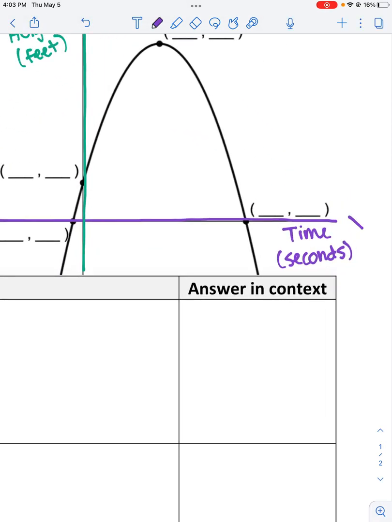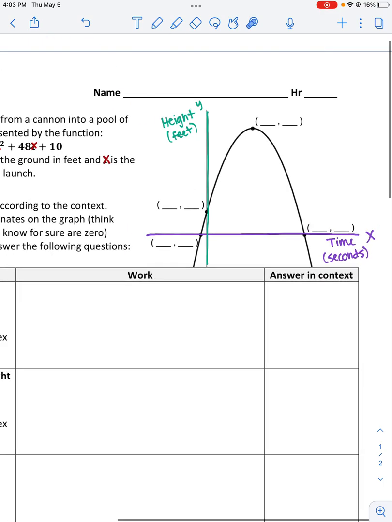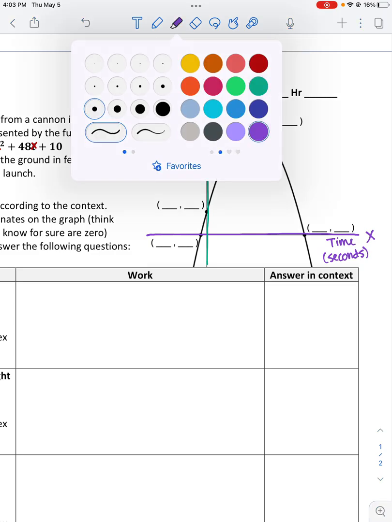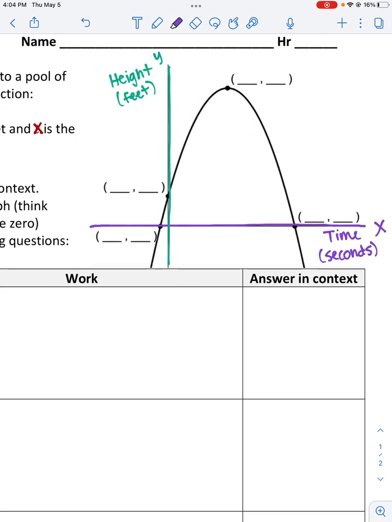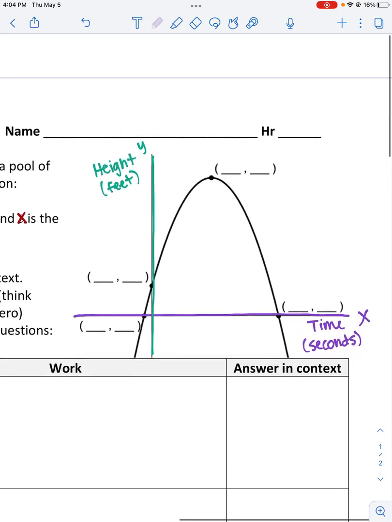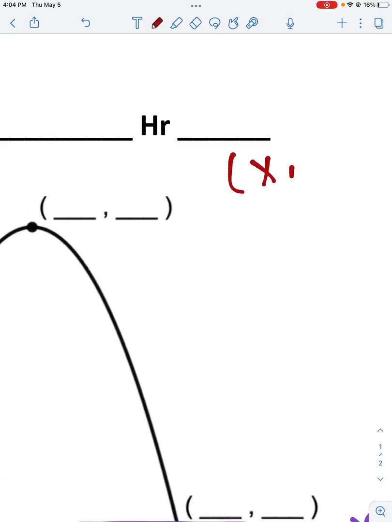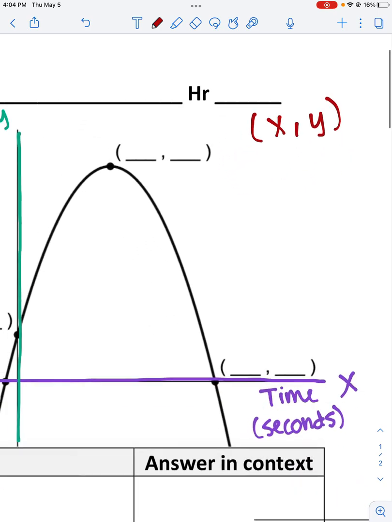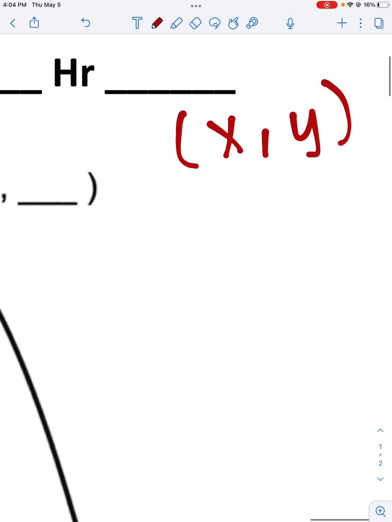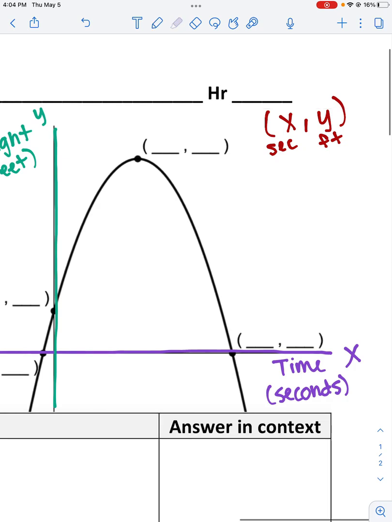So then any point along this parabola, we know that the coordinate in the x spot of the point, just a reminder, xy, is going to be the time, or we can say it's x seconds at y feet.